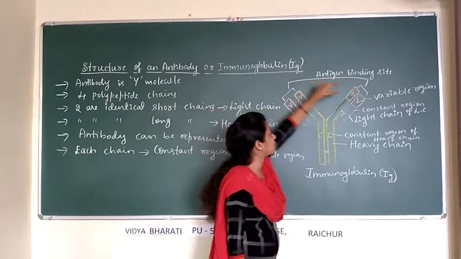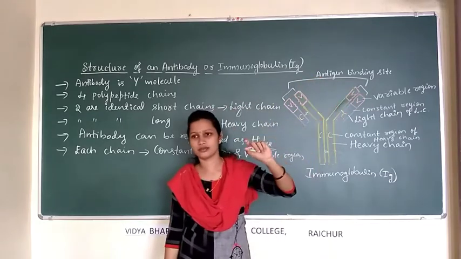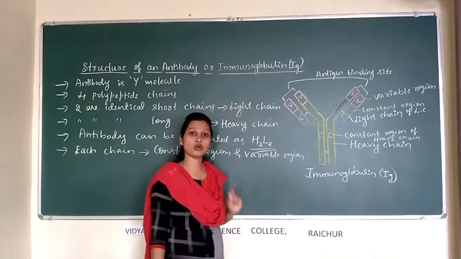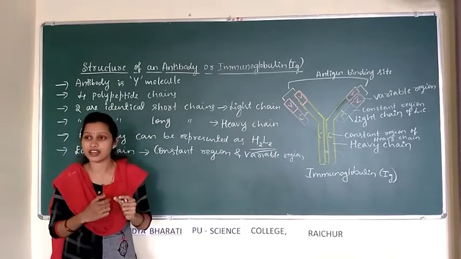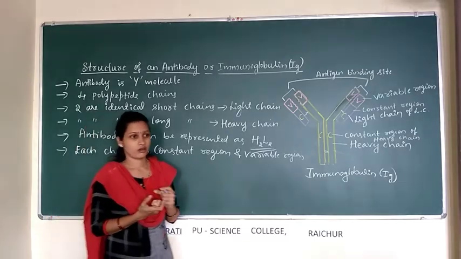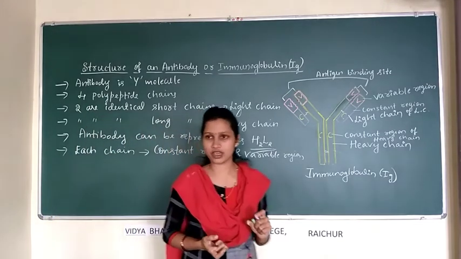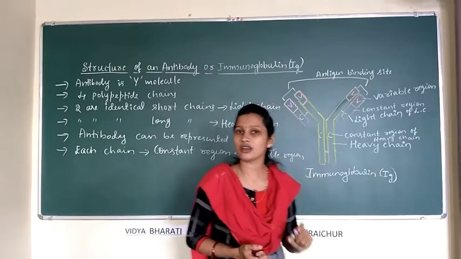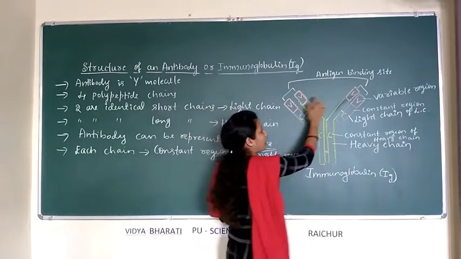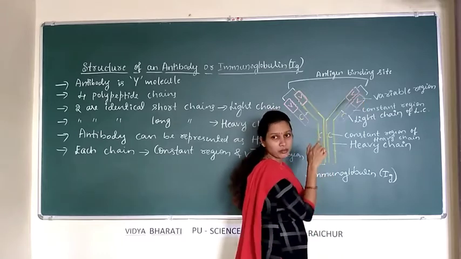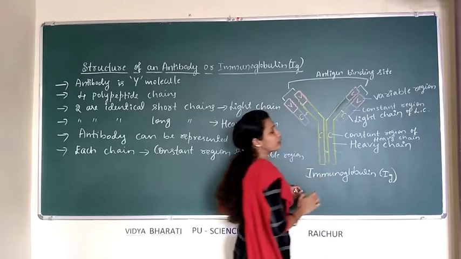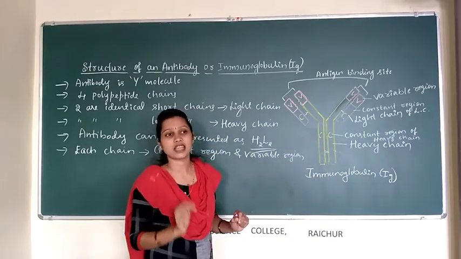It possesses receptors, and a particular antigen binds to a particular antibody. They are very specific. Always the antigen binds to the variable region of the antibody molecule, so the variable region forms the antigen binding site.